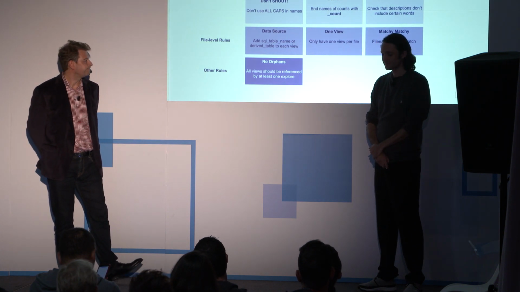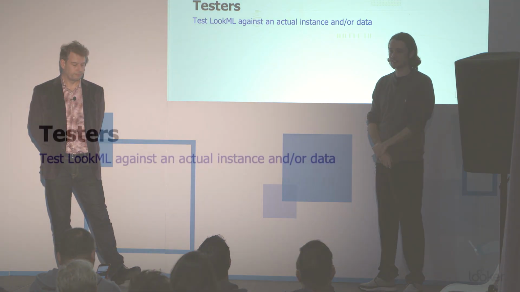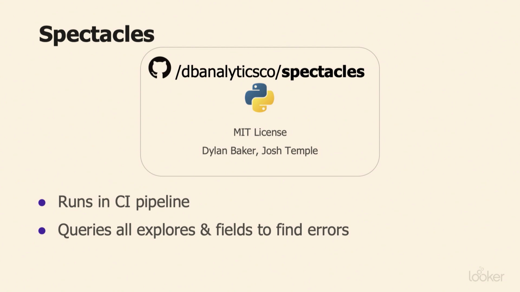Okay, next. Our final category today is testers, which perhaps should not be plural. But as a category, again, it is going one step beyond linting to actually allow you to check your LookML and your data together. We have one project in this category, again, authored by Josh in the audience and Dylan, I'm not sure if he's here today, Dylan Baker.